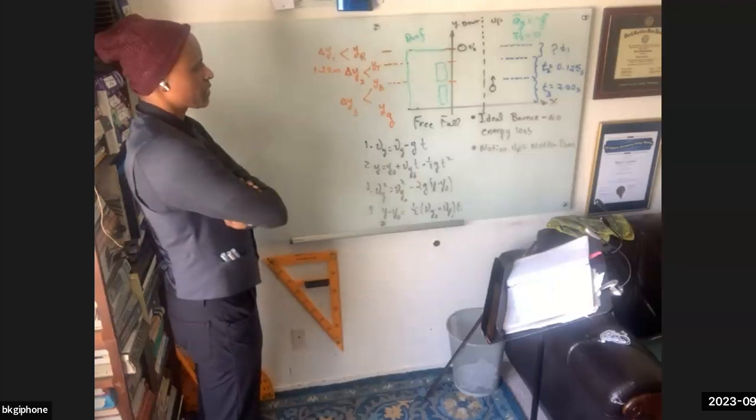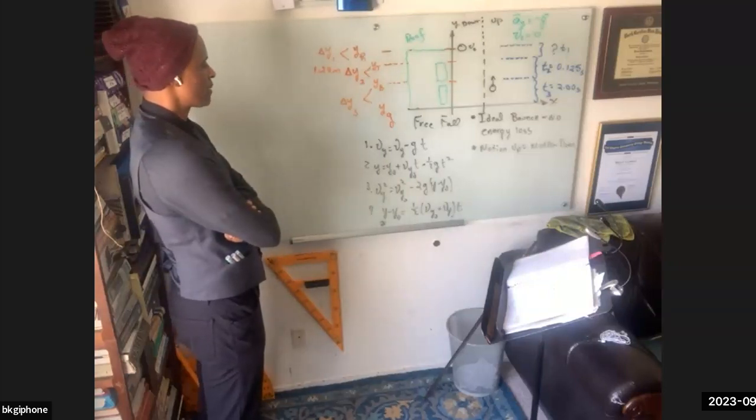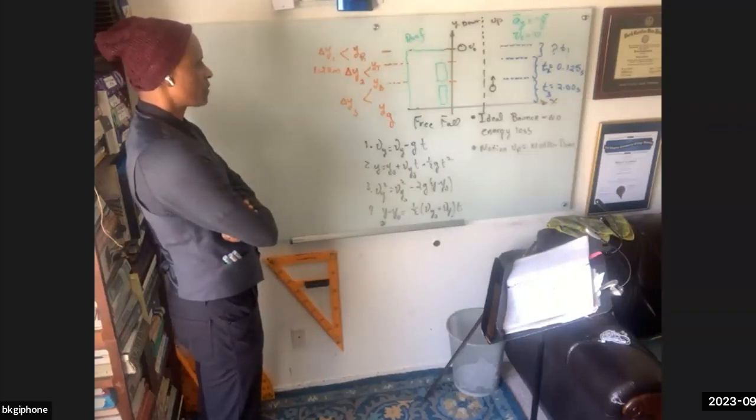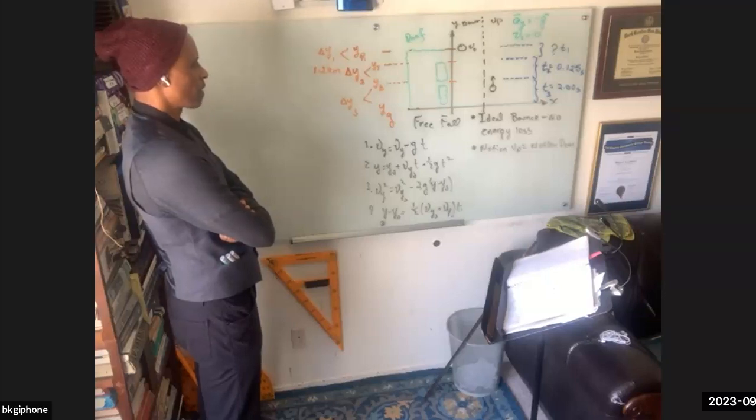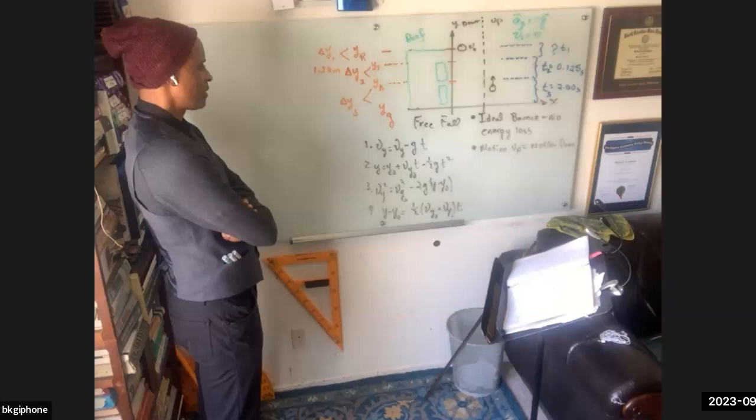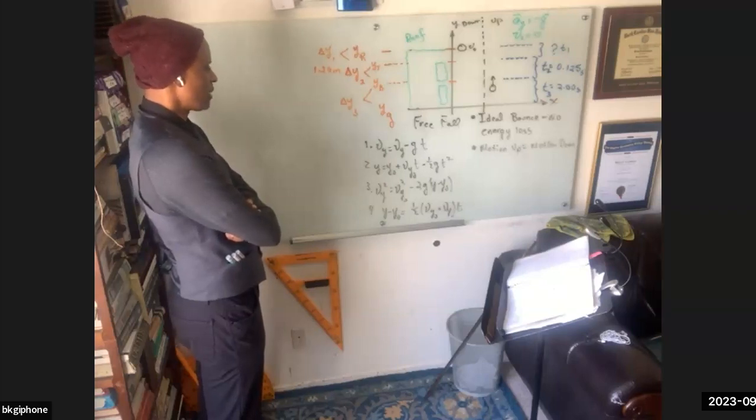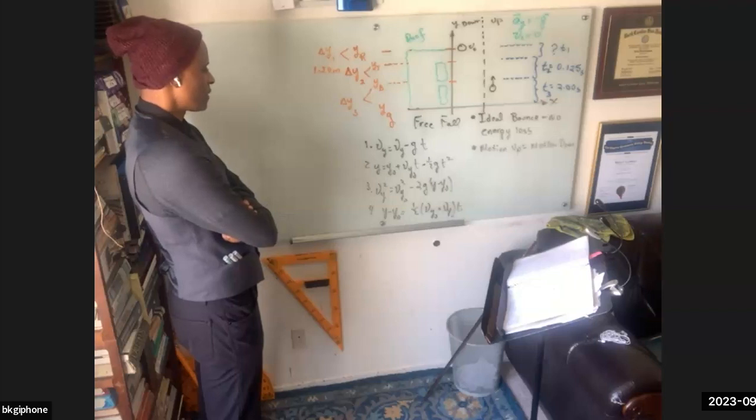But the average velocity can also be written as delta v over delta t. That is it. The average velocity is the same when the acceleration is constant. That's actually the definition of constant acceleration.